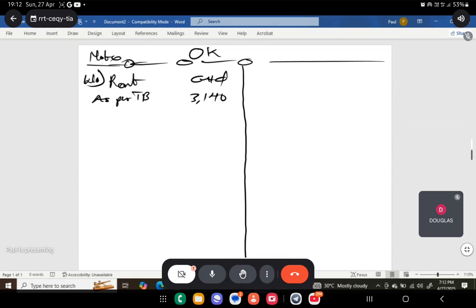Now, they said that the monthly rent is 300 cedis. So, to get 12 months rent, it becomes 300 times 12. And please, what's 300 times 12?